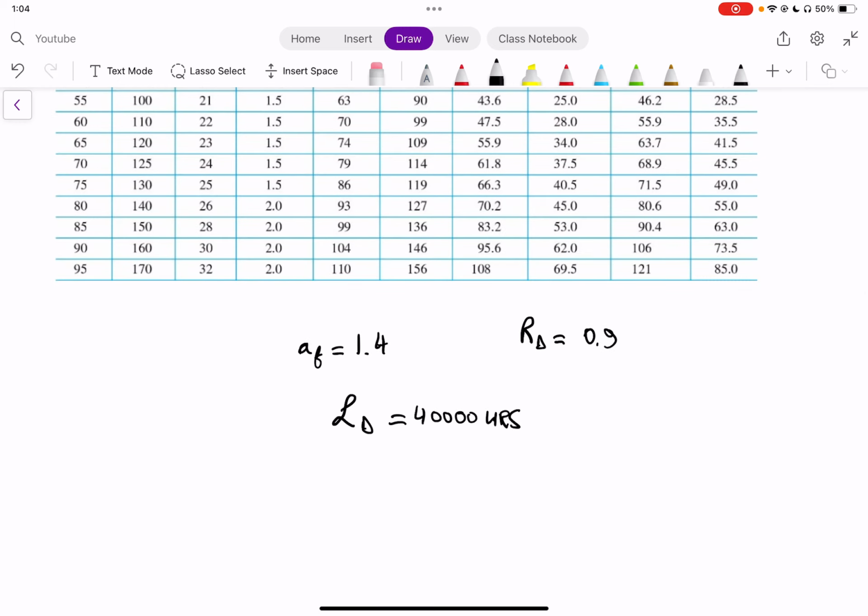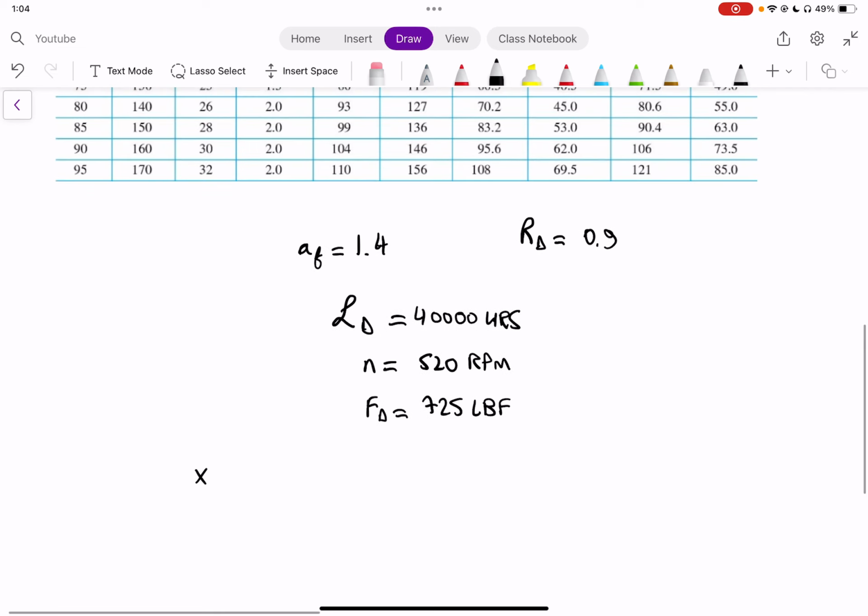Then we have that N is 520 RPM, given in the problem, and our force desired is equal to 725 pound force. So based on this, we are told we have to find XD and we have to find C10.